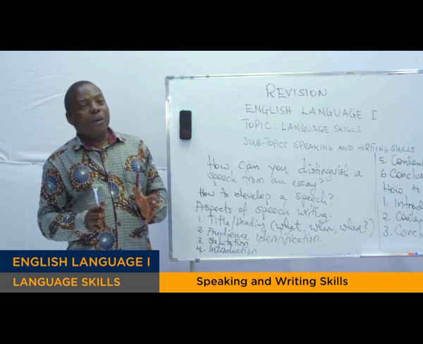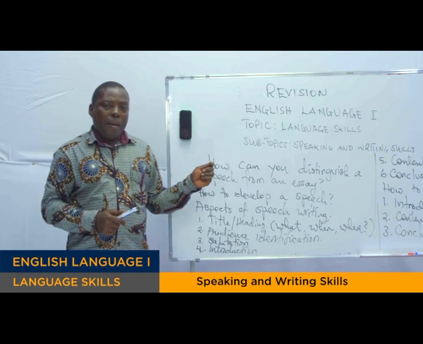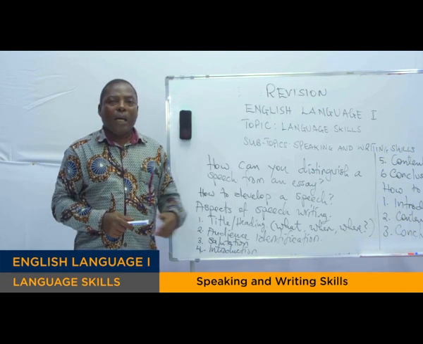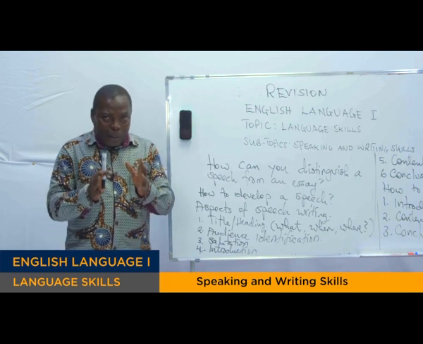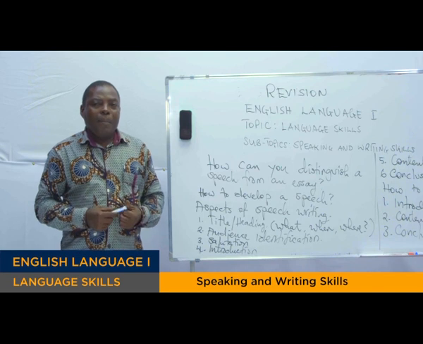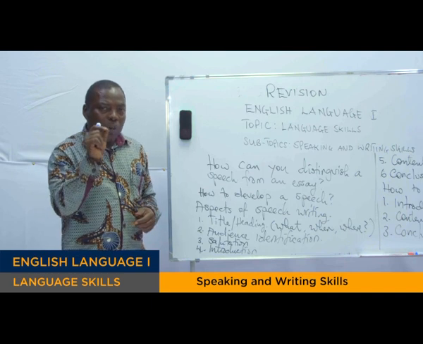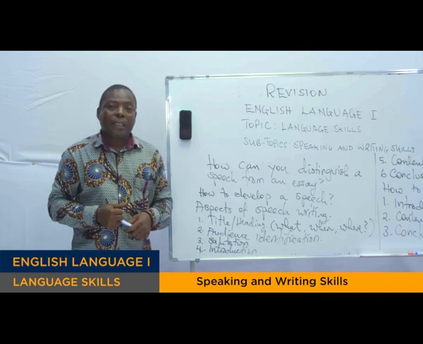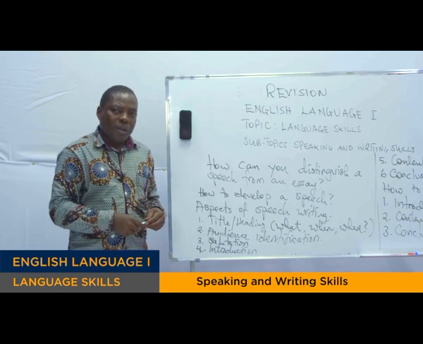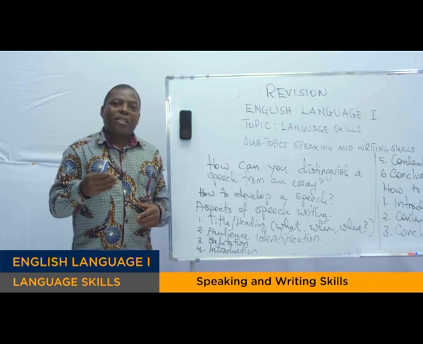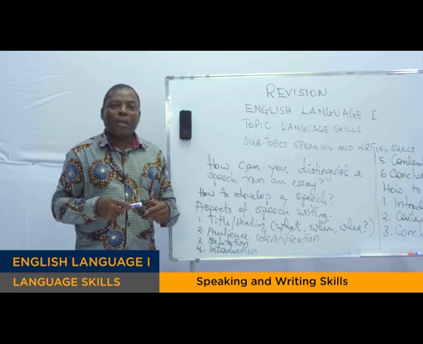So in this, we can see how a speech can be different from a normal essay, and I believe you are now able to distinguish a speech from a normal essay, and using these aspects, you can write a speech depending on the title that you have been given.